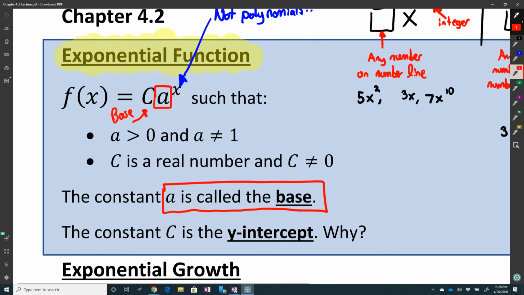So it must be positive, can't be 0, can't be 1. c can be any number, but c can't be 0. And the only reason c can't be 0 is if c was 0, you would have, let's say, 0 times 3 to the x, but that's just 0. So that's pretty boring. So for now, c can't be 0 because the graph would be boring.